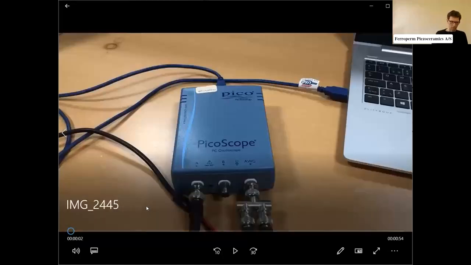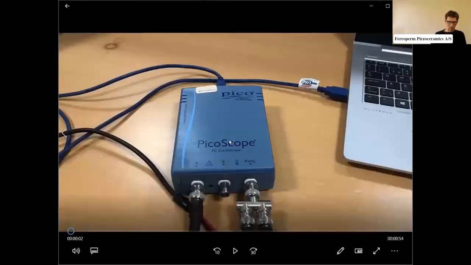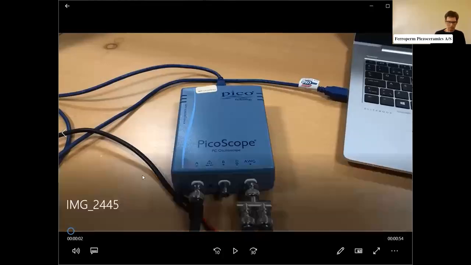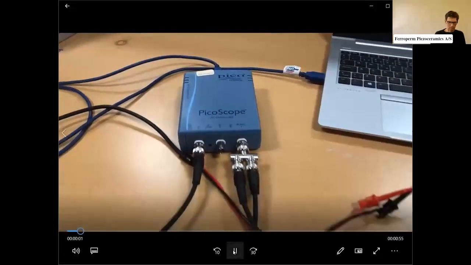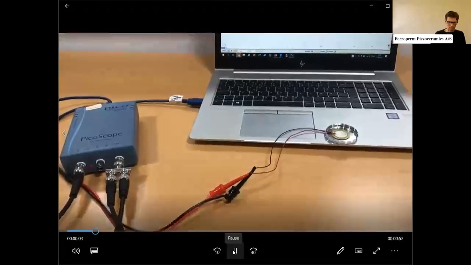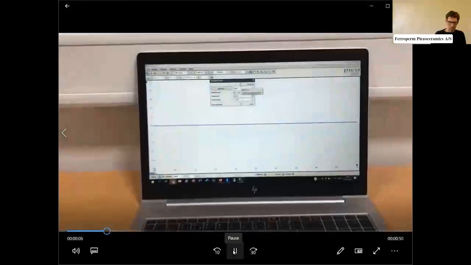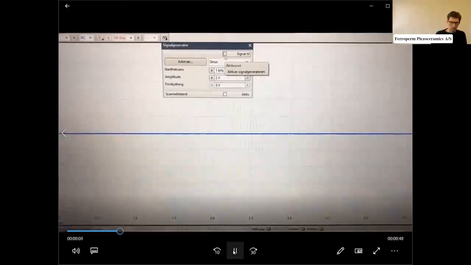Okay, so in this case, I use the same small oscilloscope. It also has a signal generator built in. So I'll just apply some AC signals, and then you can hear the sound coming from the loudspeaker. So let's start. On the screen, you see the settings.